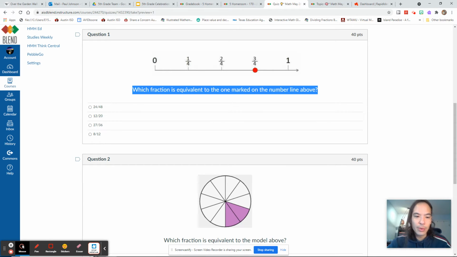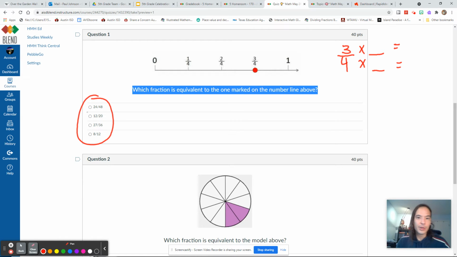So remember, if we take 3/4 and we start multiplying it by a random number, which one of these is equivalent to 3/4? You could also take these fractions and divide by some number to try and get 3/4.